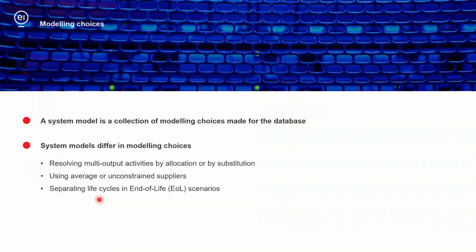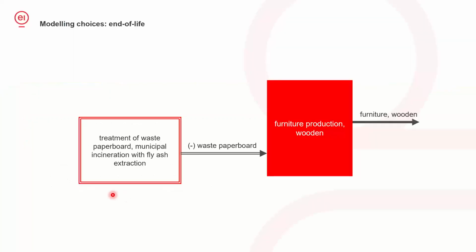And the third assumption when creating the system models is the separation of the life cycles, the end of life. Who bears the burden of the treatment? Here I will show one example with 3 different implementations in the 3 system models.